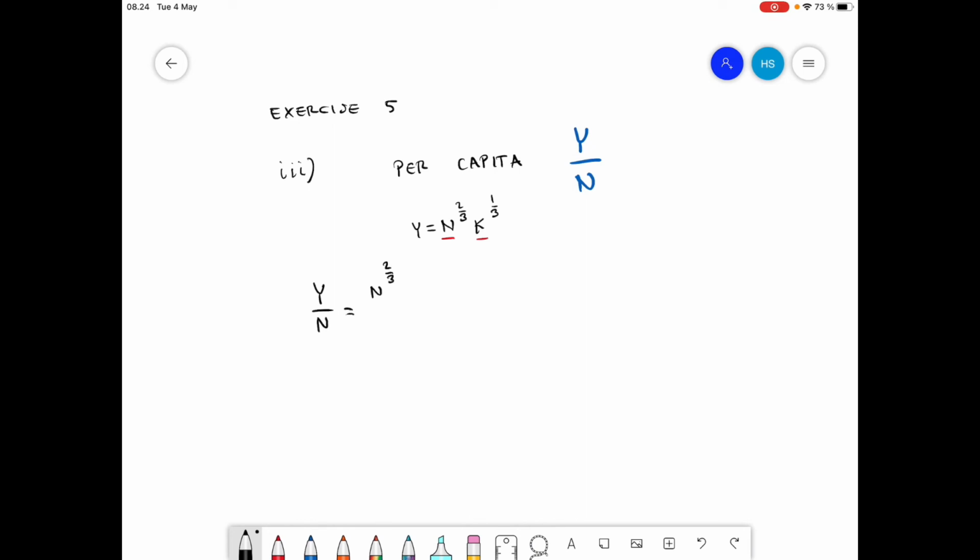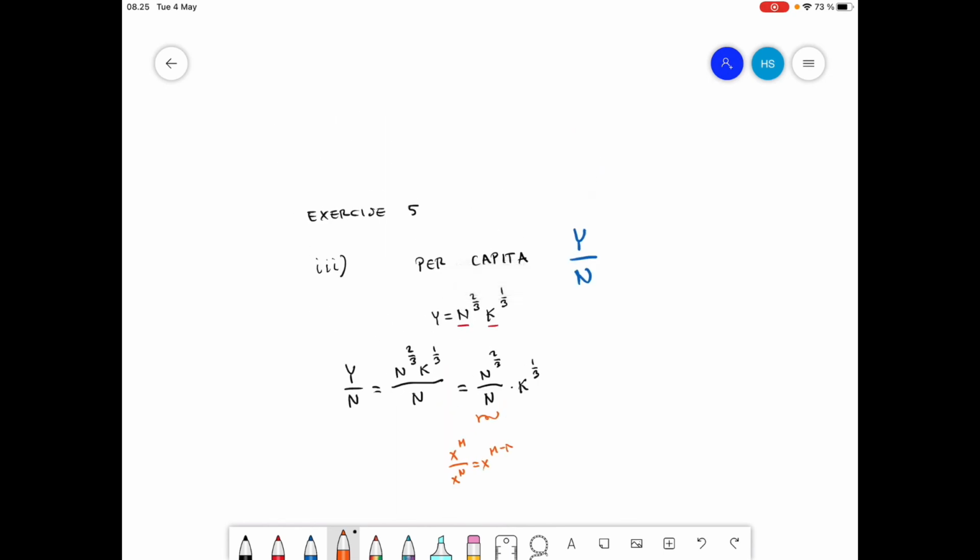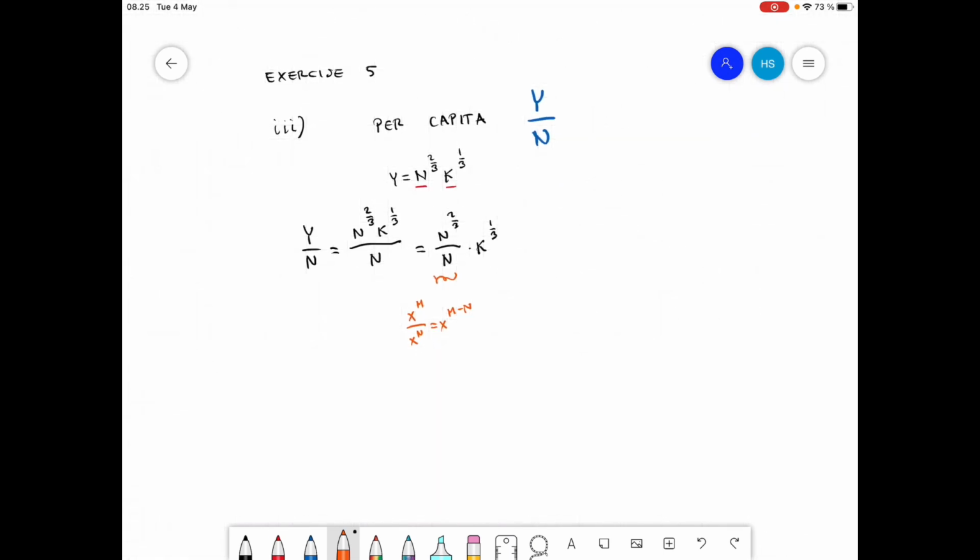So we have y, that is our production, over n. So we can simplify. We can write n to the power of 2/3 over n times k to the power of 1/3. This here we can simplify using the rule that says x to the power of m over x to the power of n is equal to x to the power of m minus n.